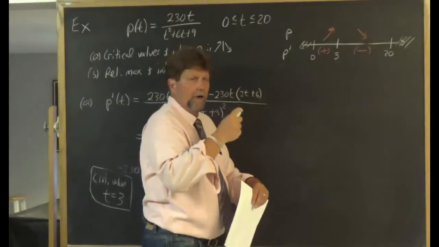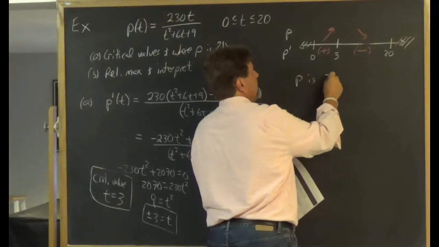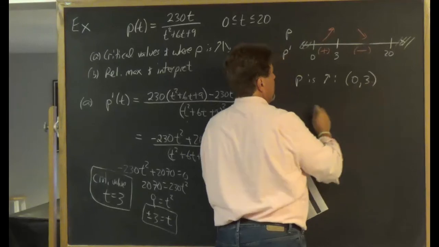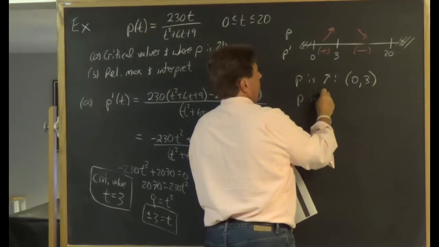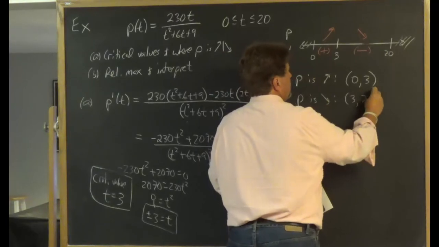So let's answer the question. The function p is increasing on the interval 0 to 3. It's decreasing on the interval 3 to 20.